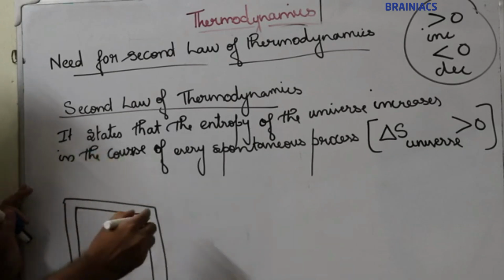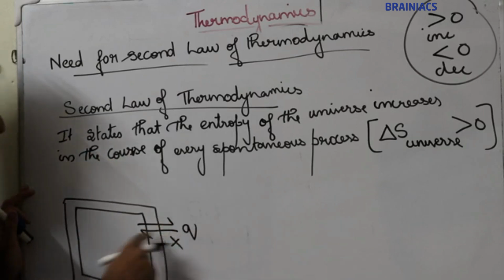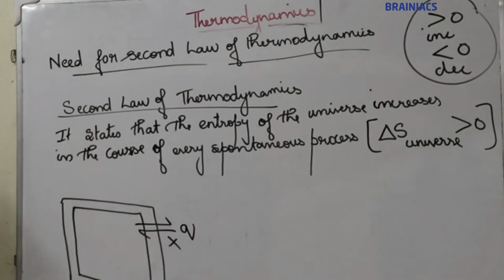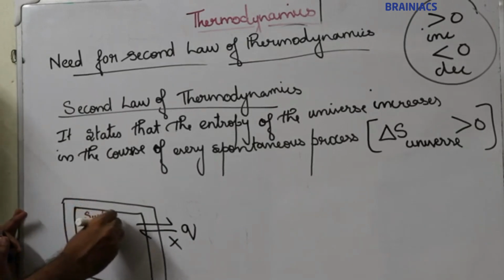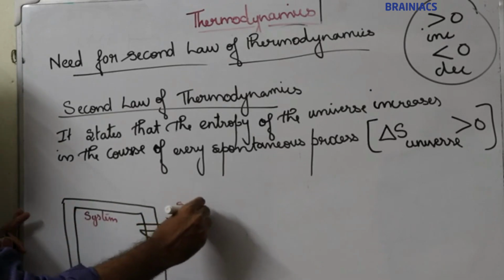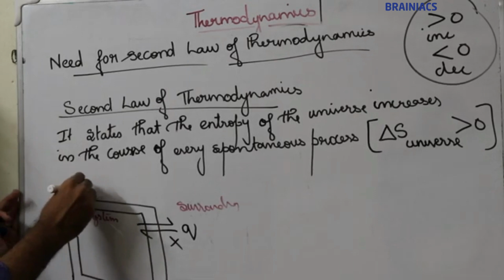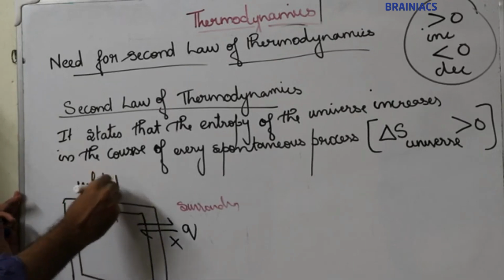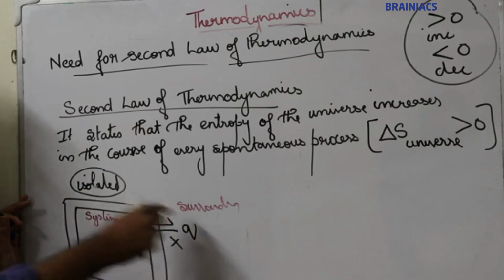That is, no exchange of heat energy takes place between system and surrounding. Let this be the system, and let this be the surrounding. So isolated system means there is no exchange of heat between system and surrounding.